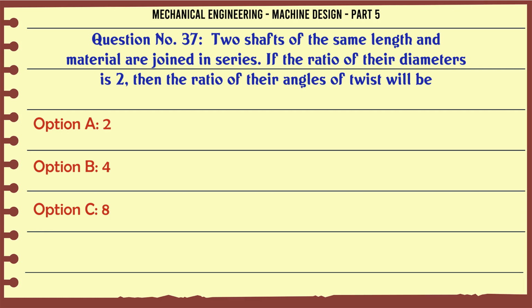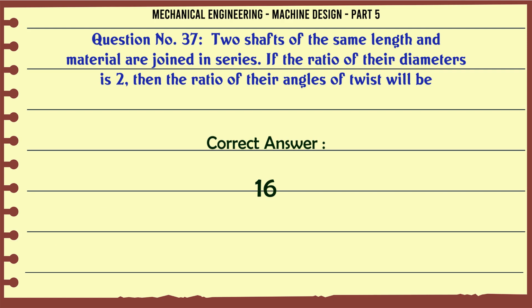If the ratio of their diameters is 2, then the ratio of their angles of twist will be A. 2, B. 4, C. 8, D. 16. The correct answer is 16.